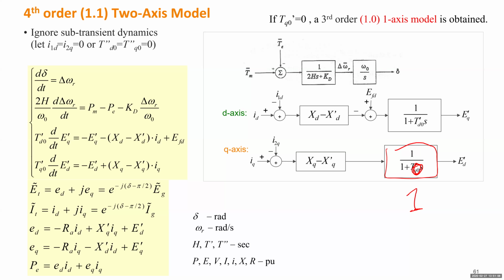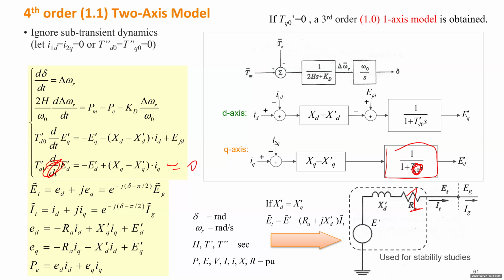So here we'll make this one be 0. This one will be gone. Okay. Then you utilize this algebraic equation together with the 3 differential equations, and that will give you a 1.0 model, which is the 1-axis model. Okay, is that clear?